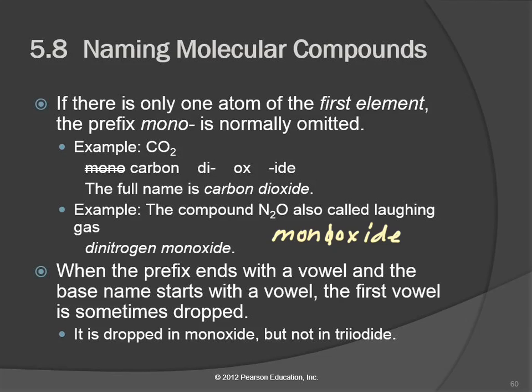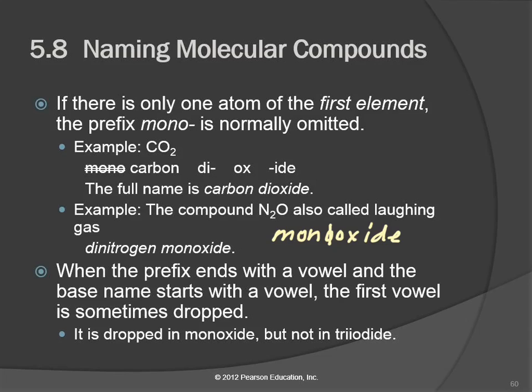We often, but not always, drop the ending vowel on the prefix if the prefix ends in a vowel and the element name begins with a vowel. So this is hard for students because there's not a great pattern. And some of them, I've seen it both ways, where people drop the vowel or they don't drop the vowel.